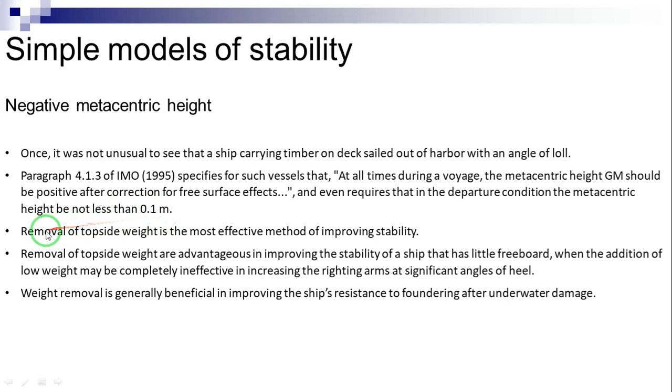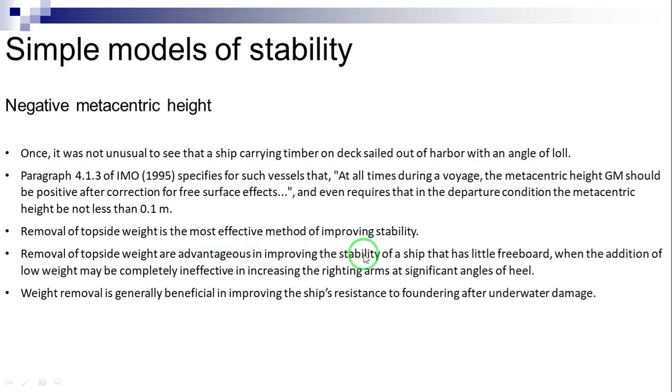Removal of topside weight is the most effective method of improving stability because it will not only lower the ship's center of gravity but will also in most cases cause the center of buoyancy to move farther to the low side as the ship is inclined.